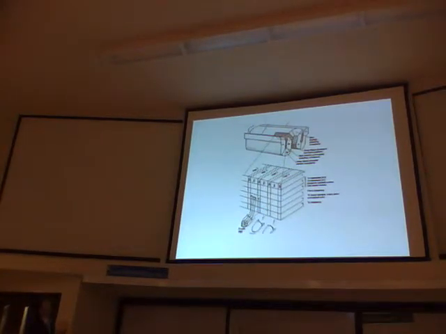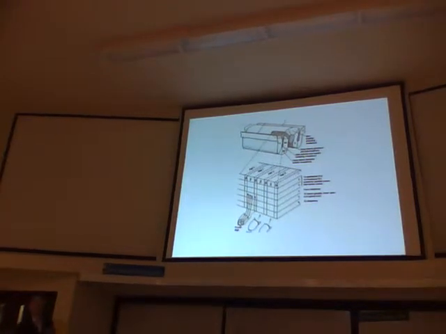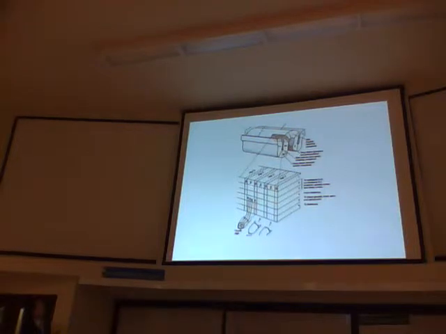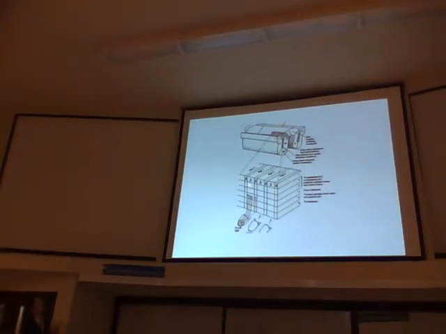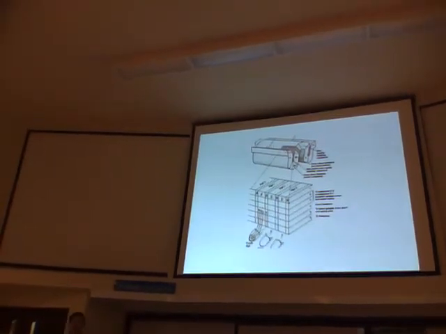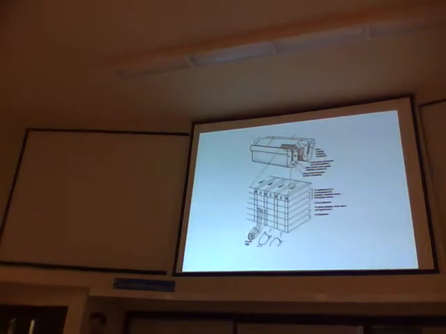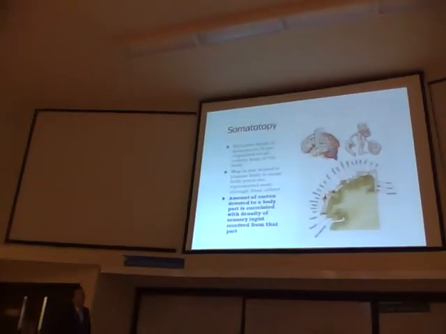So there's a column for the second digit, third digit, fourth digit, fifth digit, and so on. Even within each finger, there are separate columns of cells encoding information from rapidly adapting and slowly adapting touch receptors. That's all I want you to know as far as somatosensation is concerned in the cortex.